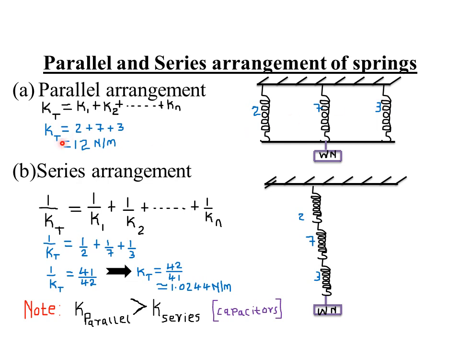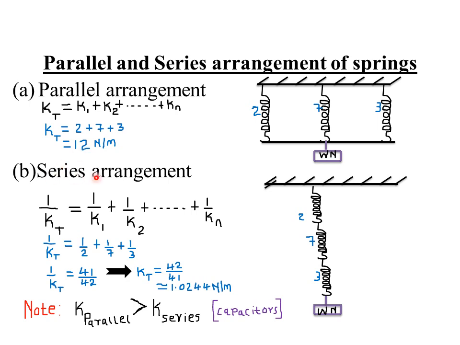Then K total will be equal to K1 plus K2 plus K3, that is 2 plus 7 plus 3, which gives 12 newtons per meter.